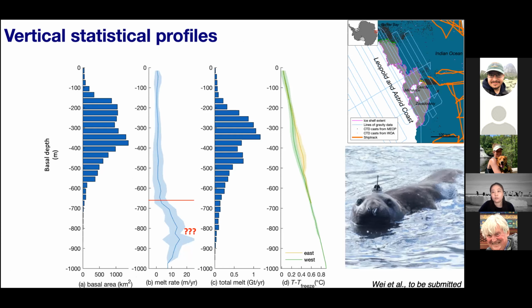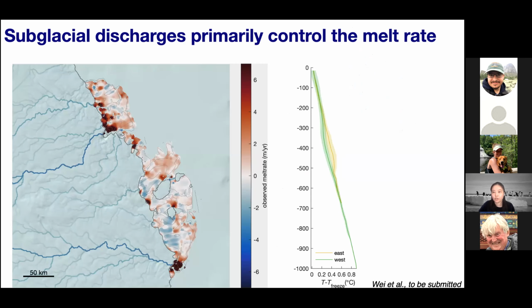Going back one more time to the vertical profiles to understand the bump in the melt rate, we investigate the melt rate area that exceed the melt rate that would be expected from their depth. Again, the subglacial discharge lines up well with the elevated melt rate area.